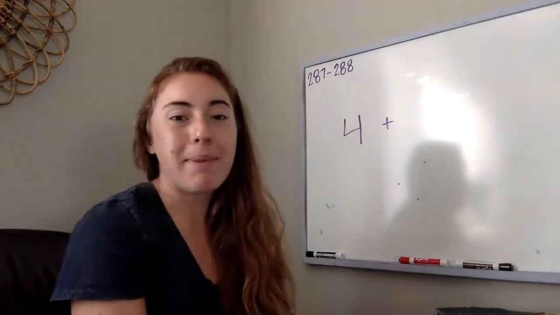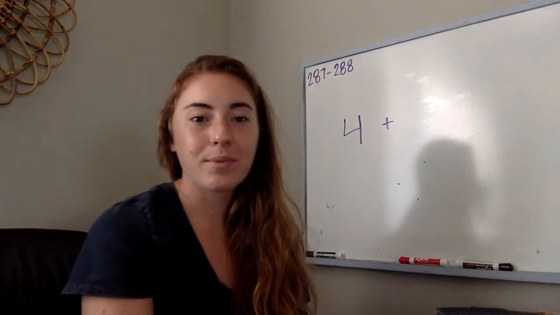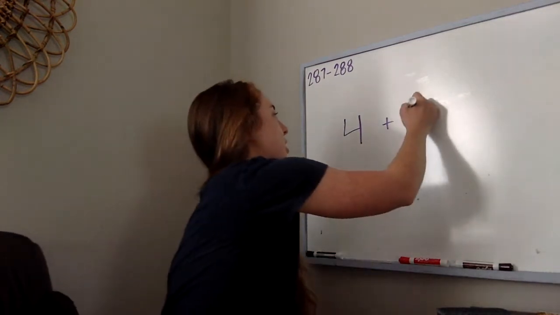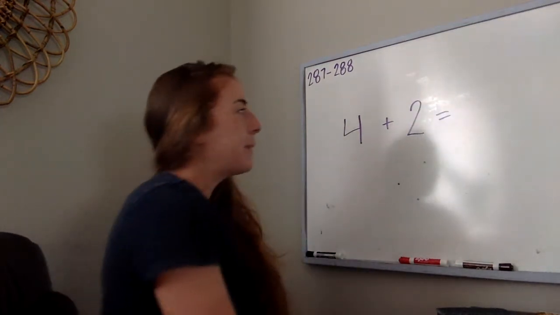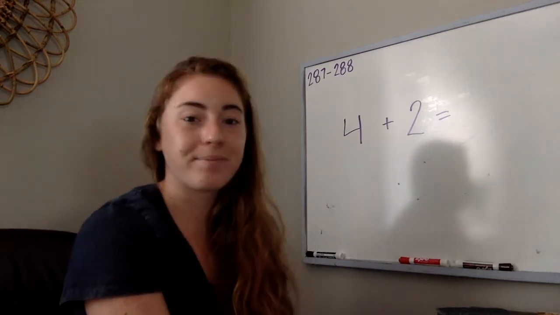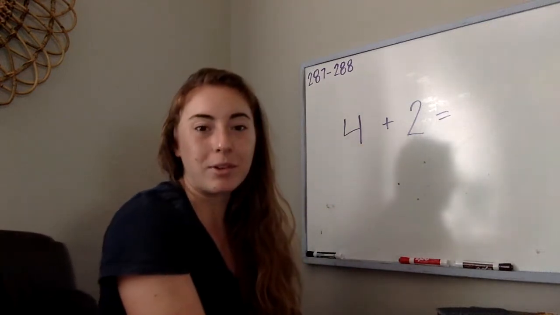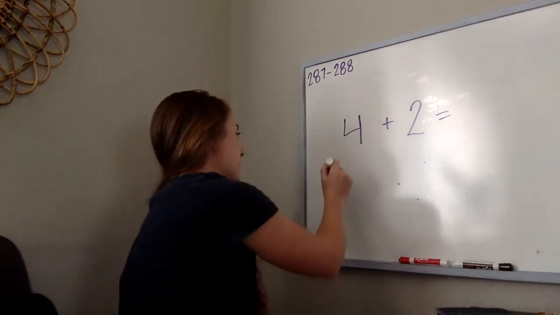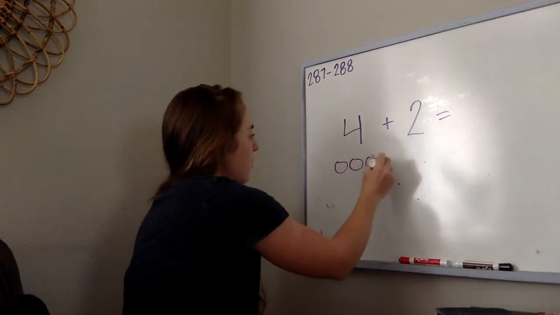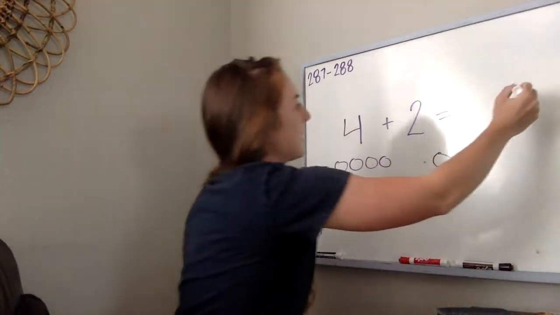And how many pies did Mrs. Brown bake in the afternoon? 2. Good job. So how many pies all together did Mrs. Brown bake on Monday? 4 plus 2 equals, I'll draw some pies. 4 plus 2 equals 6.